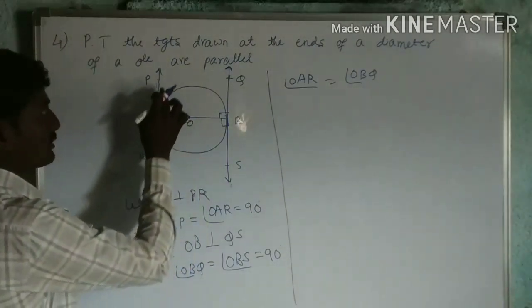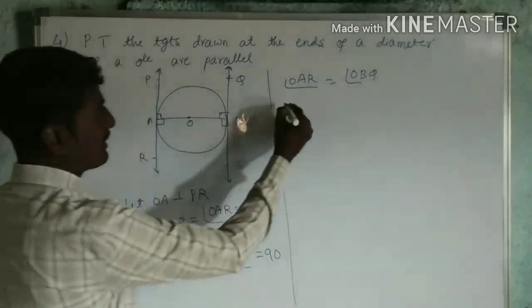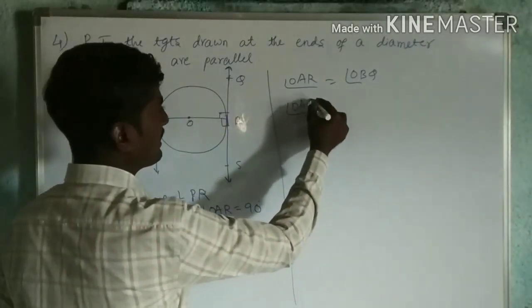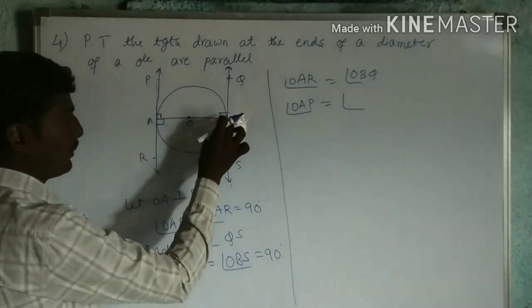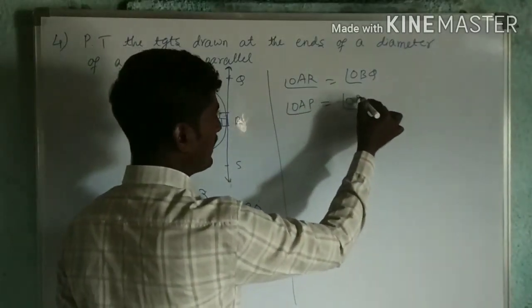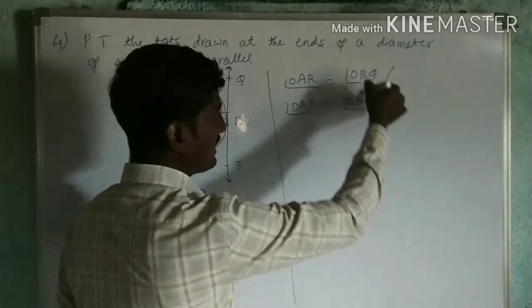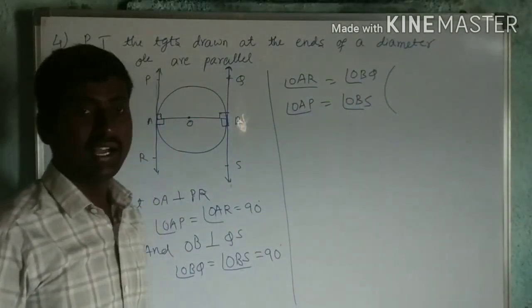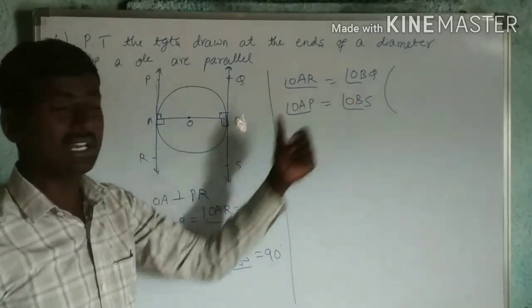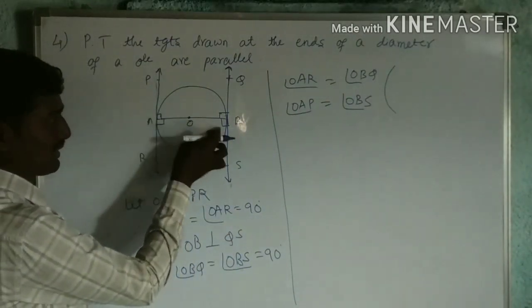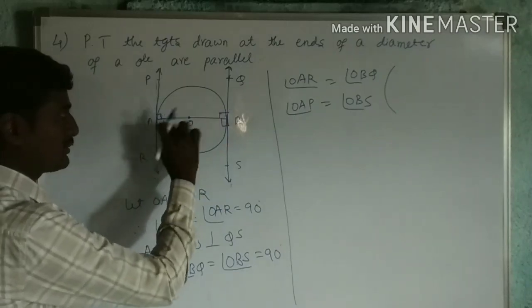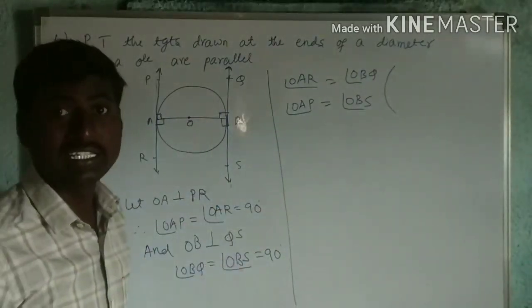Now another angle, that is OAP. Angle OAP is equal to OBS. For these two angles, I can write, these are alternate interior angles. These two angles, alternate angles, are equal.